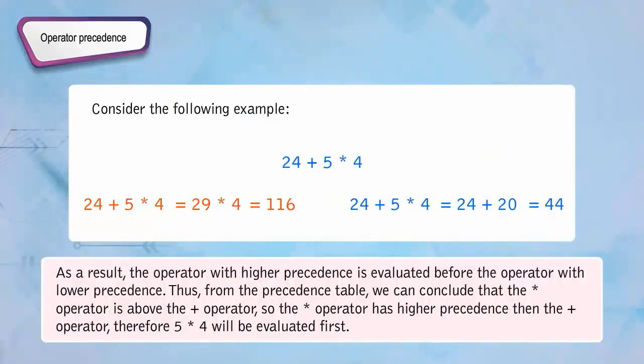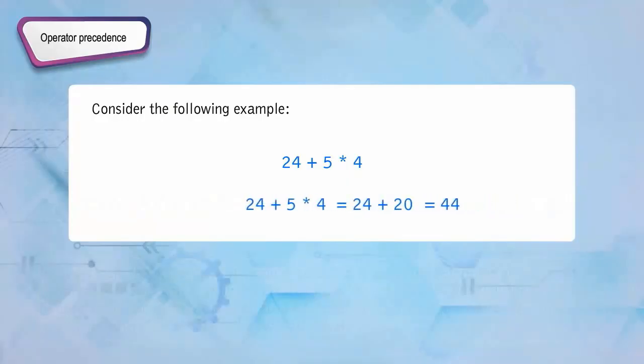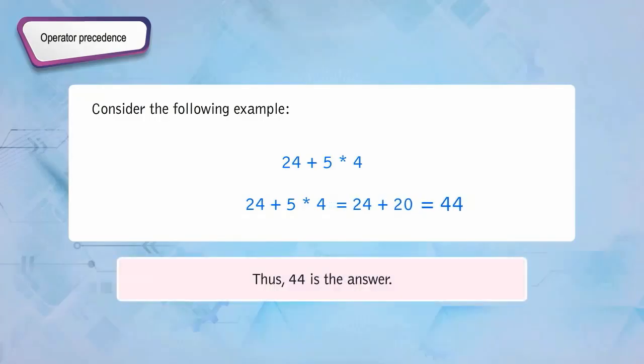Therefore, 5 multiplied by 4 will be evaluated first. 24 + 5 * 4 becomes 24 + 20, which is 44. Thus, 44 is the answer.